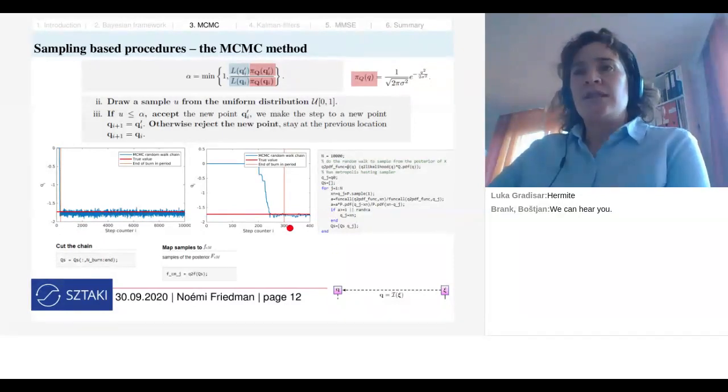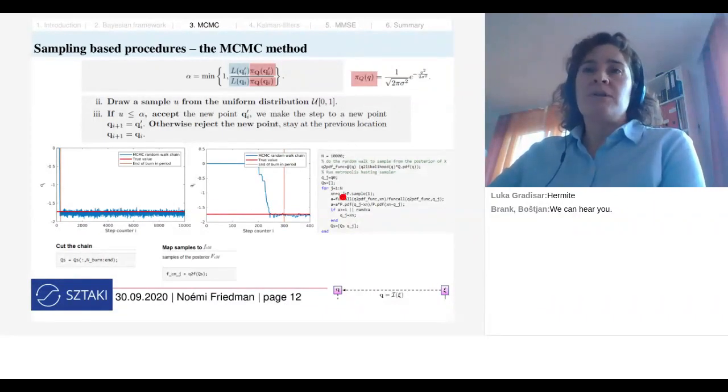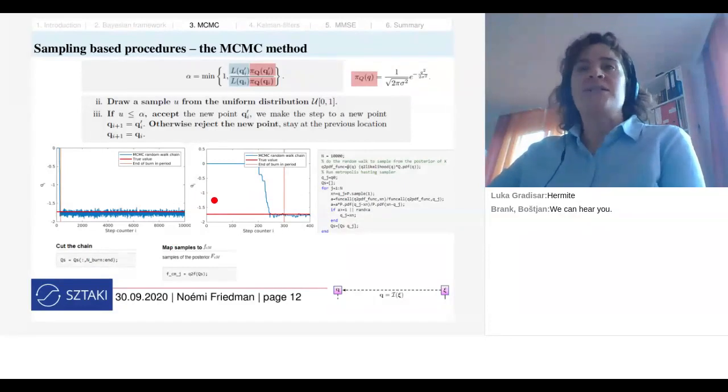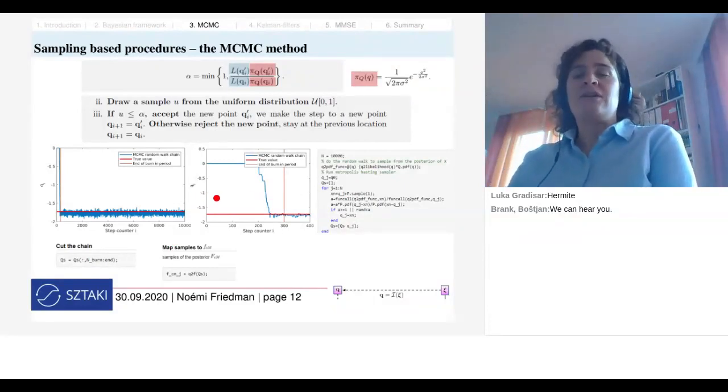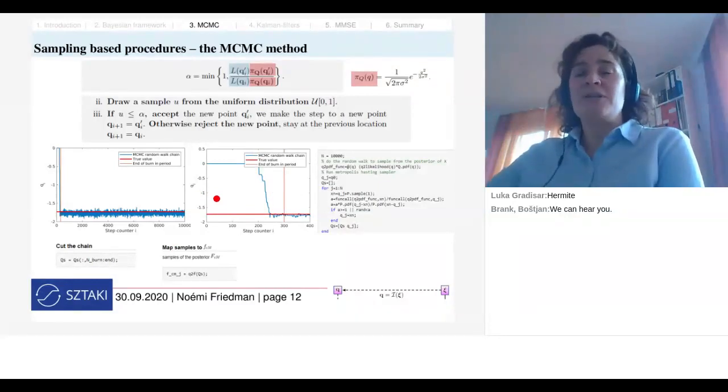So I choose this line here at the 300th step, and I cut everything out from the samples here, because this part is the so-called burn-in period. Now it's very difficult to know what's the burn-in period, how many samples you should throw away to get a good approximation or a good set of samples. But this is the way the Monte Carlo methods are.